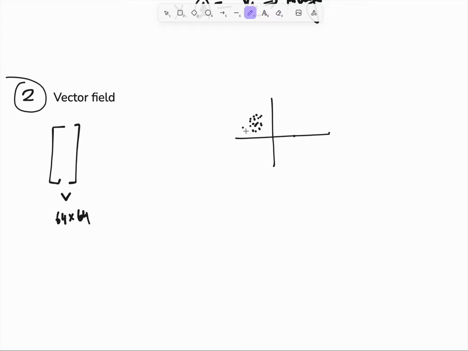Just assume this to be some n-dimensional space and you have a lot of points here. And this is another important distinction: every point here corresponds to a vector, right? Every point is a latent like this.